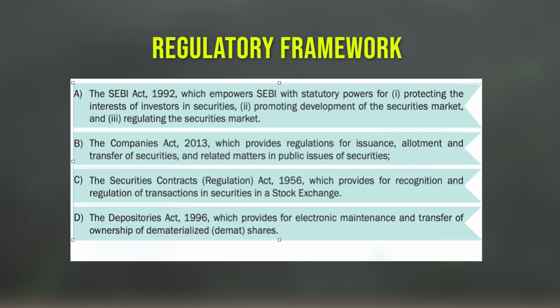Next one, the Securities Contracts Regulation Act 1956, which provides for the recognition and regulation of transactions in securities in stock exchanges. Point number D, the Depositories Act 1996, which provides for the electronic maintenance and transfer of ownership of demat shares.